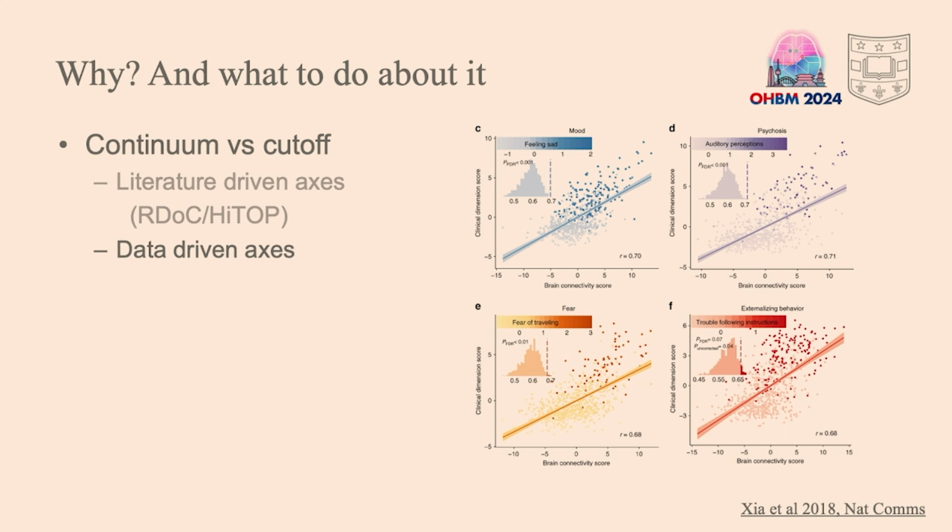And then they ended up coming out with these four. So the major takeaway of this is not that cutoffs are not valuable. When they're stable and replicable, they are, but we can continue to not be afraid to embrace that continuity.